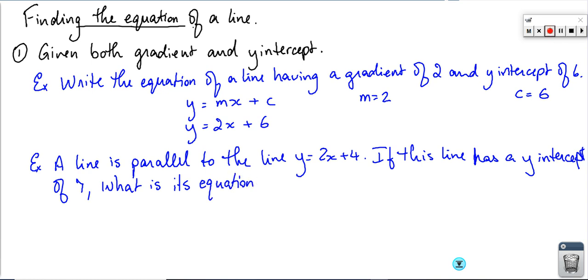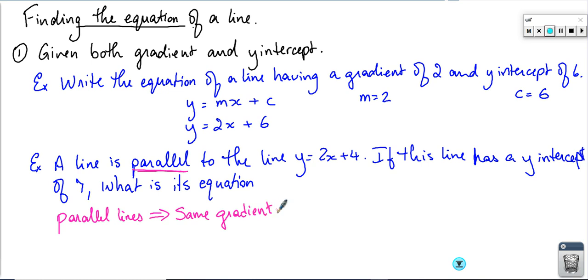So, here we have something which is very important, the word parallel. What do we need to know? Parallel lines have same gradient.